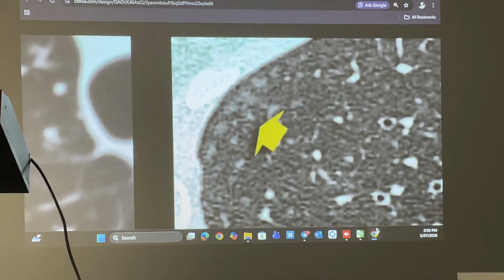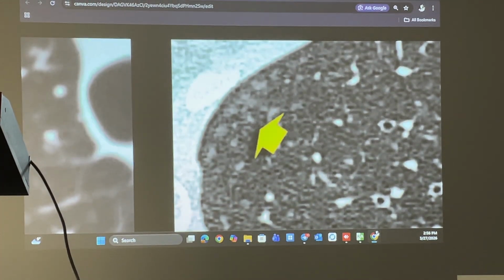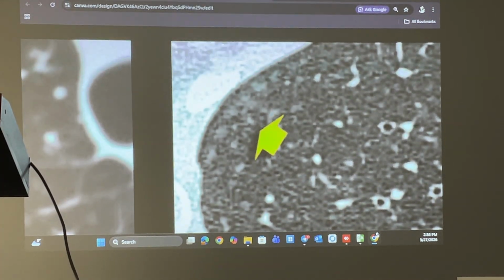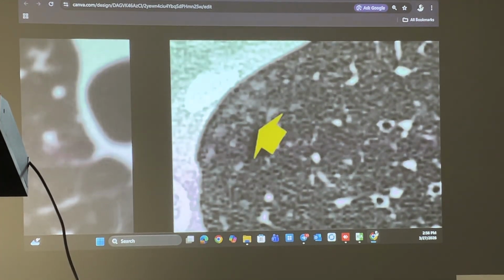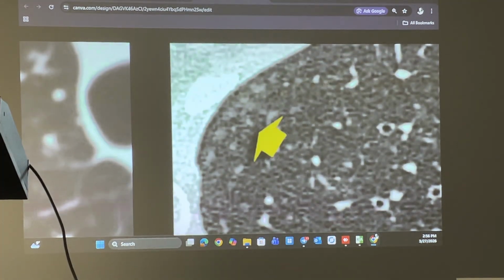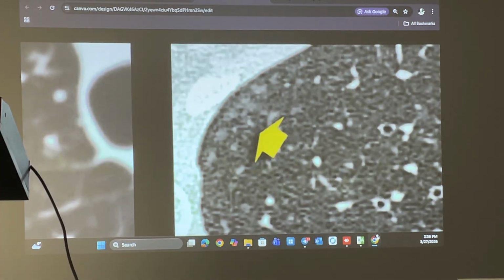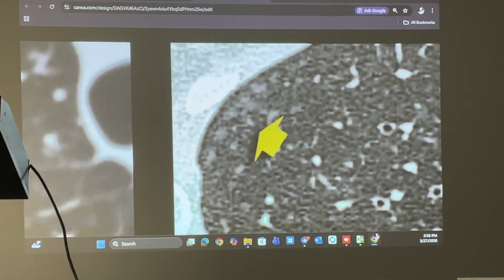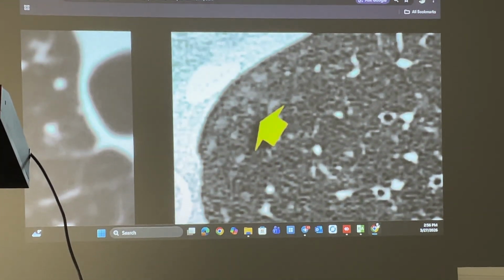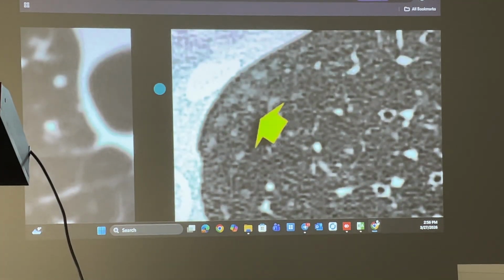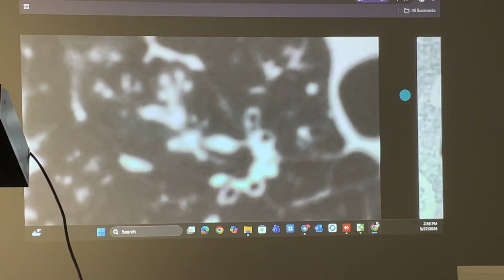Is it centrilobular? Centrilobular. Okay. Is it solid, subsolid, or GGO? Subsolid, I guess. Can you see any solid part? No solid part, not subsolid. This is GGO.